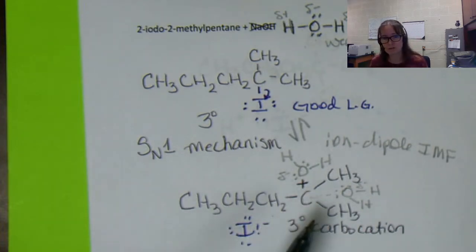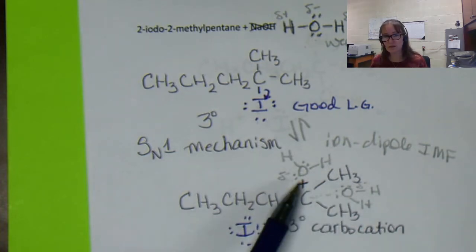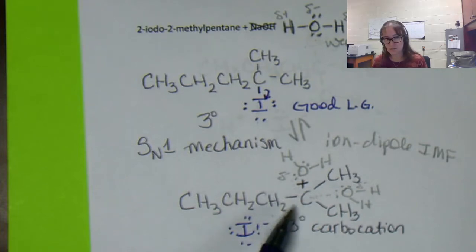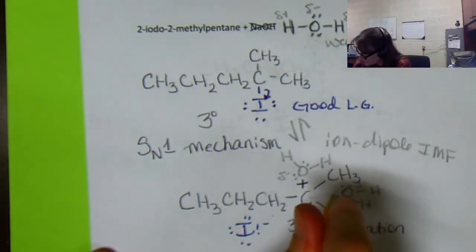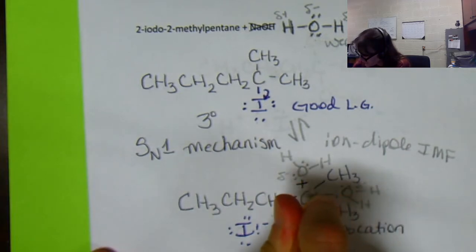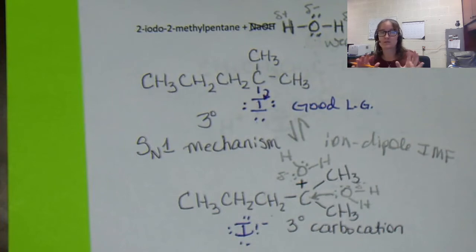Some of the water molecules along the way, as this forms, if the water gets close enough, the oxygen can form a bond to this carbon. To show that, you would just show an arrow, because dotted lines would just be intermolecular forces, but an arrow would be this thing is going to bond or a bond is going to break.